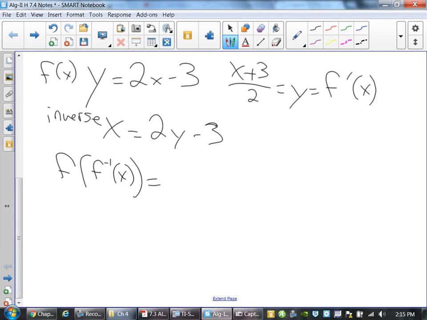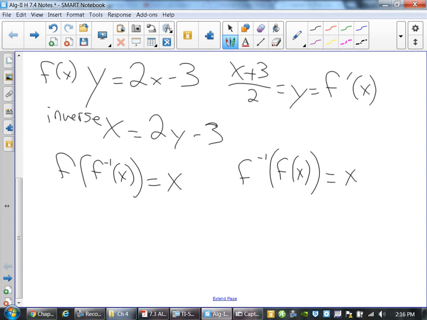This has to equal x. And going the same way, you do the other direction. If both of those direct substitutions wind up equaling x, they're inverses of one another.